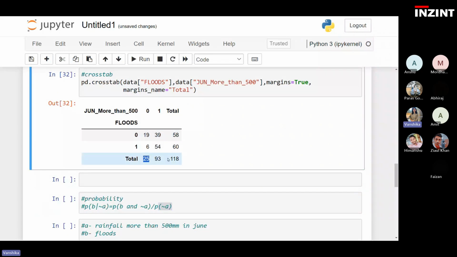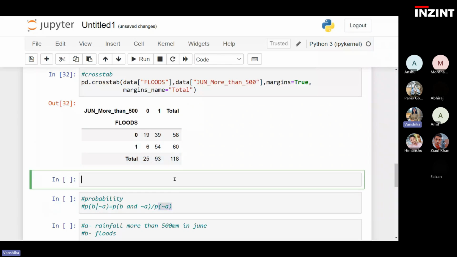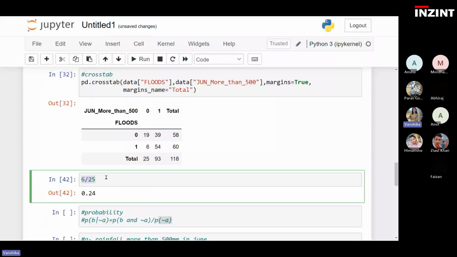So instead of dividing it by 118 and then calculating A complement again, can I directly divide it by 25? Can I do this? Please give me a thumbs up if you understand what I mean here.